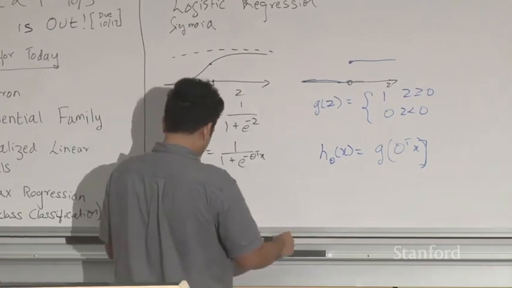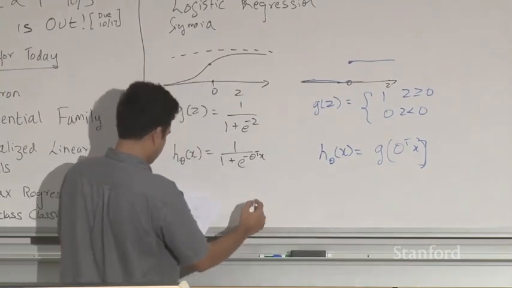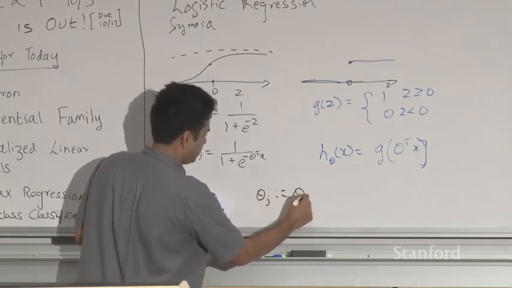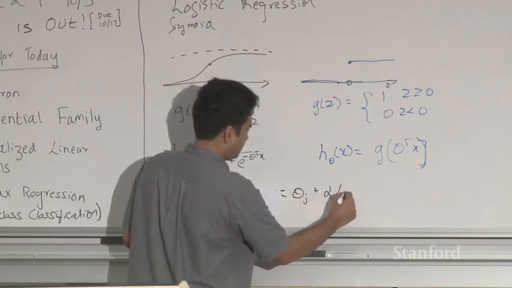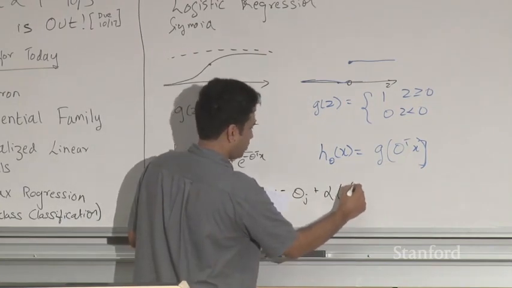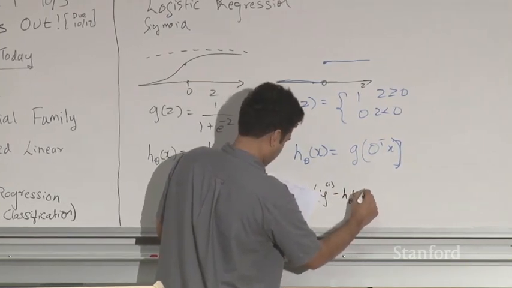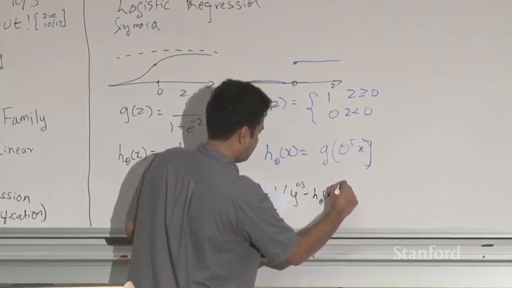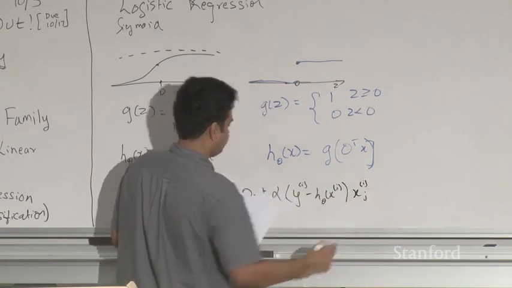Both of them have a common update rule, which on the surface looks similar: theta j equals theta j plus alpha times (yi minus h theta of xi) times xij.